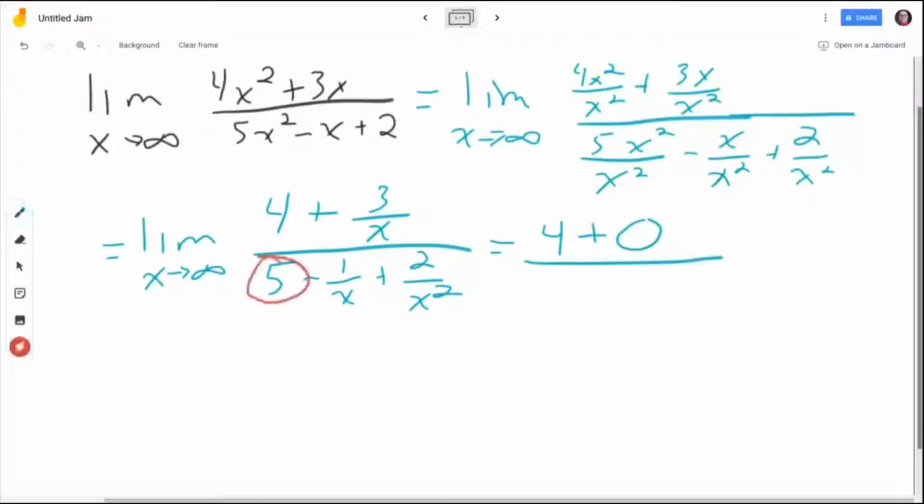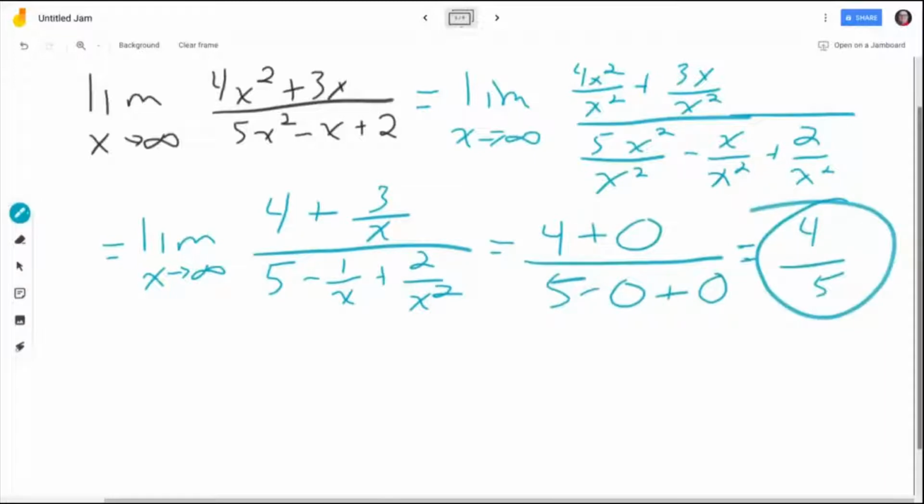The 5, just a constant, that's going to go to 5. The 1 over x is going to go towards 0, so we're going to have a minus 0. And then the 2 over x squared is going to go to 0 even faster. So this is just going to be plus 0 here again. And so 4 plus 0, that is 4. 5 minus 0 plus 0, that is 5. And so that limit is 4/5.